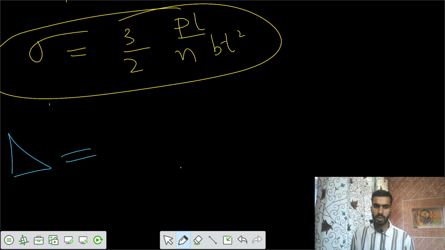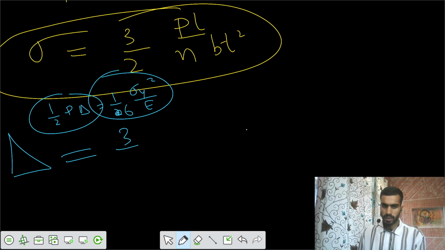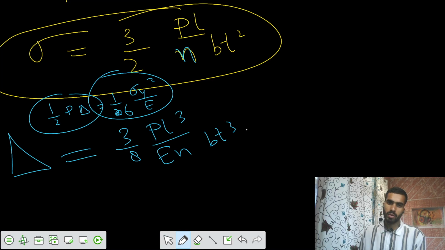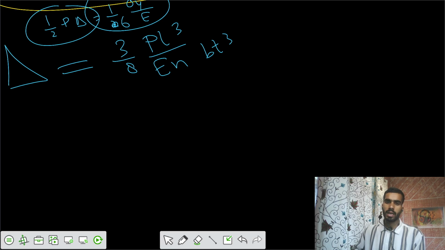That's based on the equation of external work done equals internal work done, strain energy. So you solve that, and you get a value of delta equals 3 by 8 PL cube by E n BT cube. N is your number of plates.